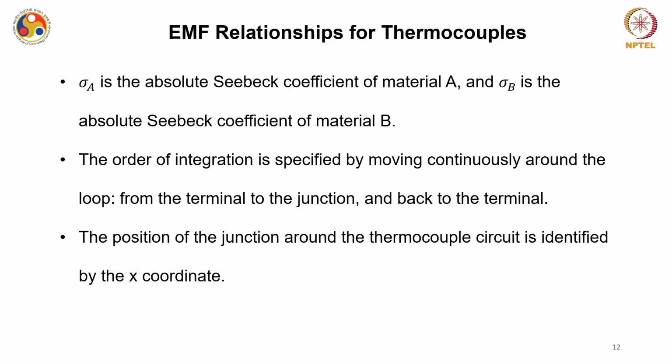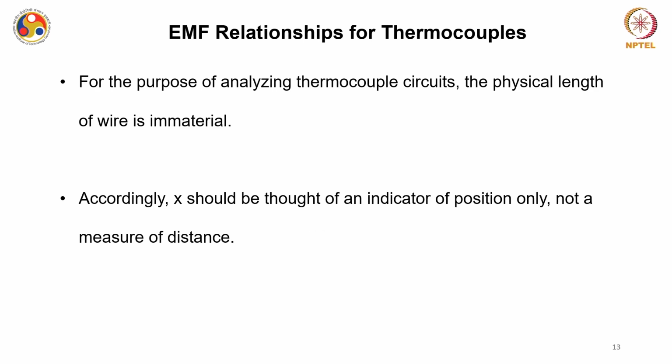The position of the junction around the thermocouple circuit is identified by the x coordinate, but you have to be very careful with the direction of x and the physical significance of x.